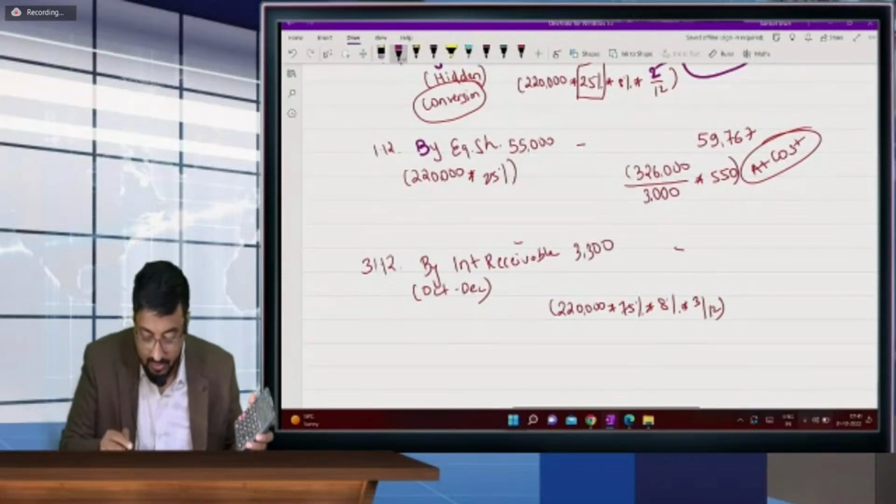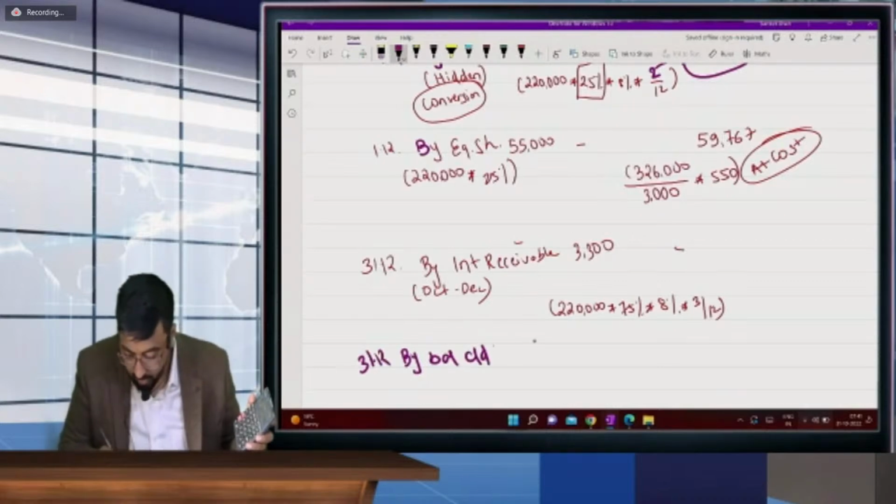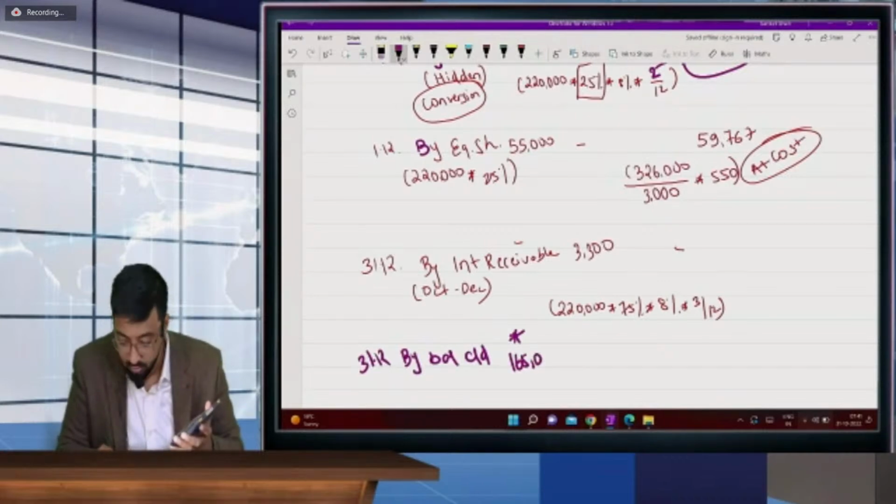And by balance carried down, normal pen. Now you are left with 75% of 2,20,000, which is 1,65,000. And what is the cost?